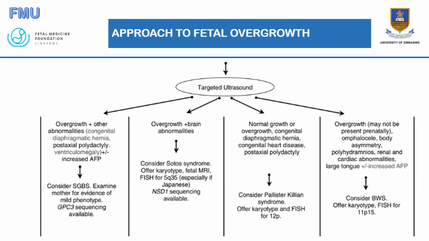So I've just gone through the syndromes, but for some of you this is probably a bit confusing. Then how do I know? How can I tell that in this case I've got Beckwith-Wiedemann syndrome, or Pallister-Killian syndrome, or Sotos syndrome?